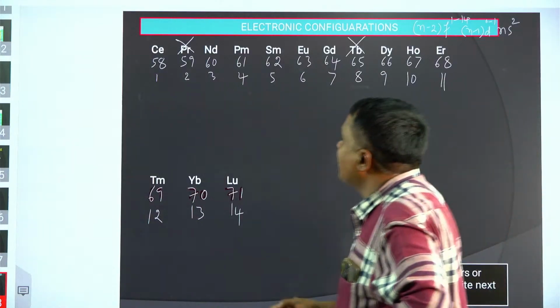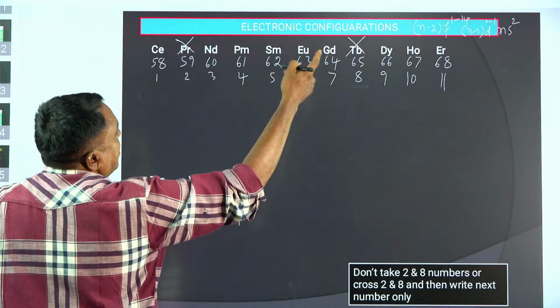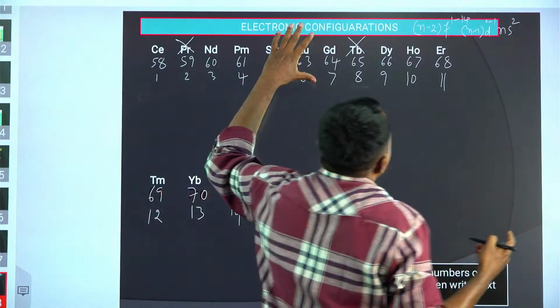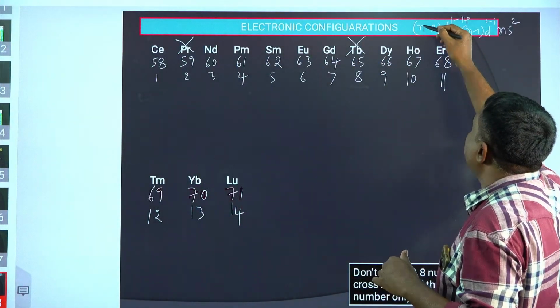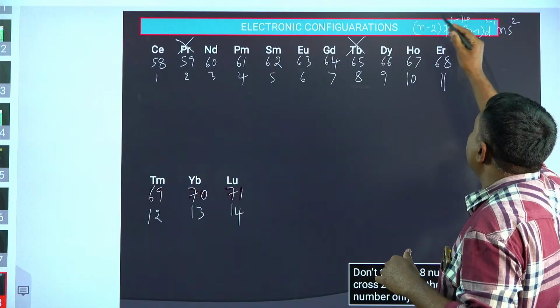This is the first inner transition series, because it belongs to the 6th period. Therefore, n is equal to 6.